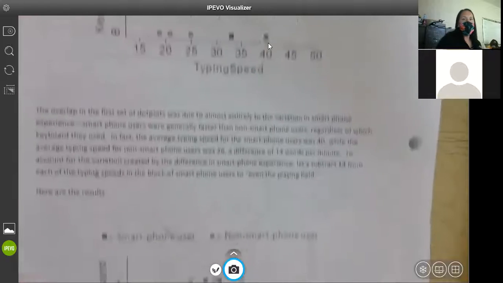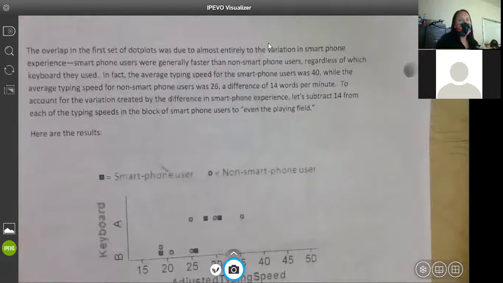The overlap in the first set of dot plots was due almost entirely to the variation in smartphone experience. Smartphone users were generally faster than non-smartphone users, regardless of which keyboard was used. In fact, the average typing speed for the smartphone user was 40, while the average typing speed for the non-user was 26. So it's a big difference, okay?